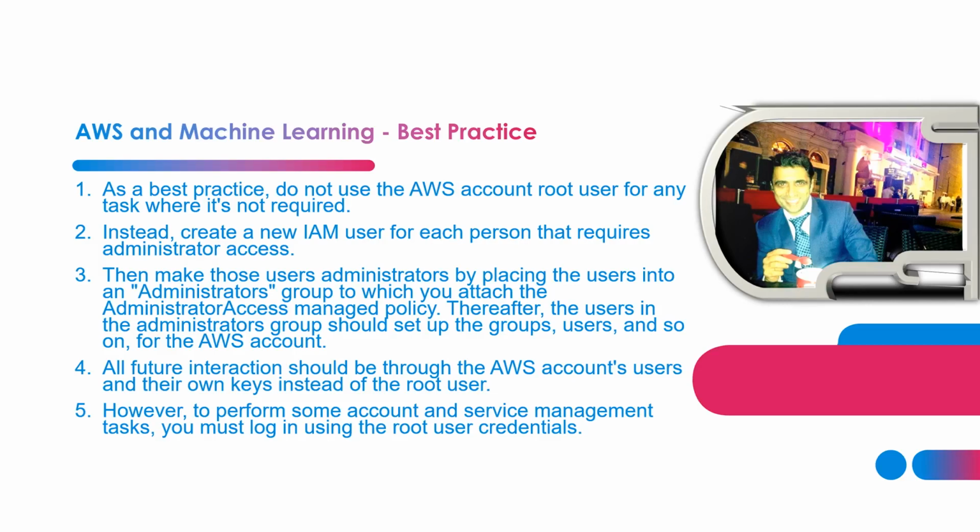Then make those users administrators by placing the users into an administrators group to which you attach the administrator access managed policy. Therefore, the users in the administrators group should set up the groups, users, and so on for the AWS account. All future interactions should be through the AWS account's users and their own keys instead of the root user.